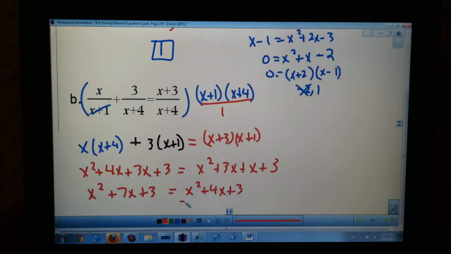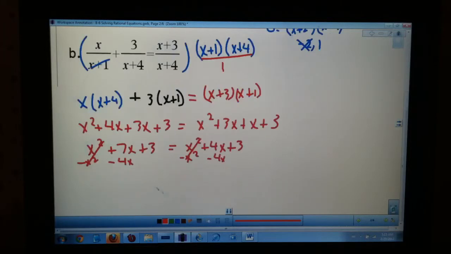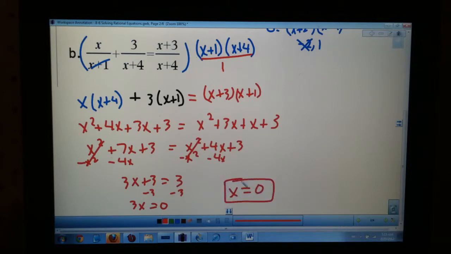Moving things to both sides, subtract an x squared, cancel, subtract a 4x, that leaves 3x plus 3 equals 3, subtract a 3, 3x is 0, divide by 3, x is 0.